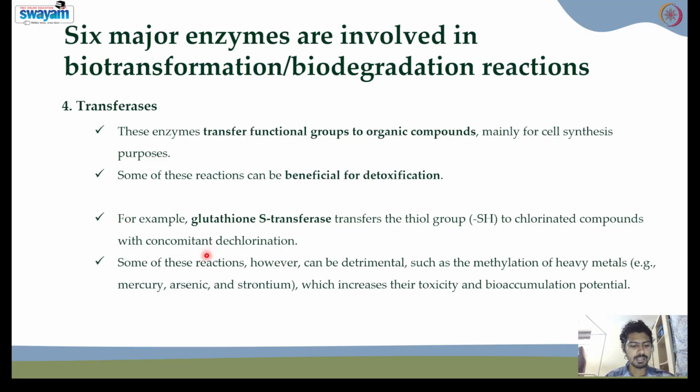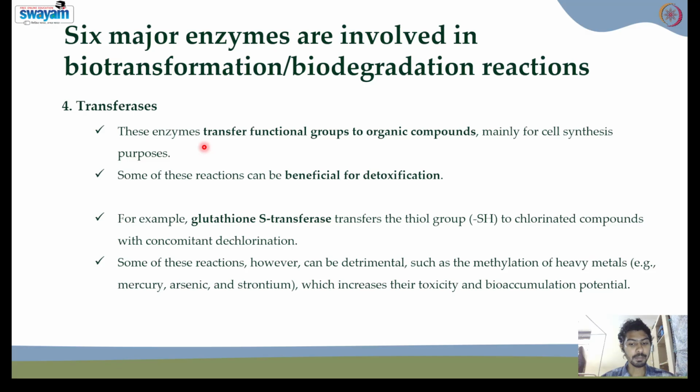But some reactions may become troublesome by using this transferase enzyme. For example, if there is a heavy metal and methylation occurs in this heavy metal, like mercury, arsenic, or strontium, what happens? It will transfer the methyl group to the metals and they form methyl heavy metals, that is CH3 heavy metals.